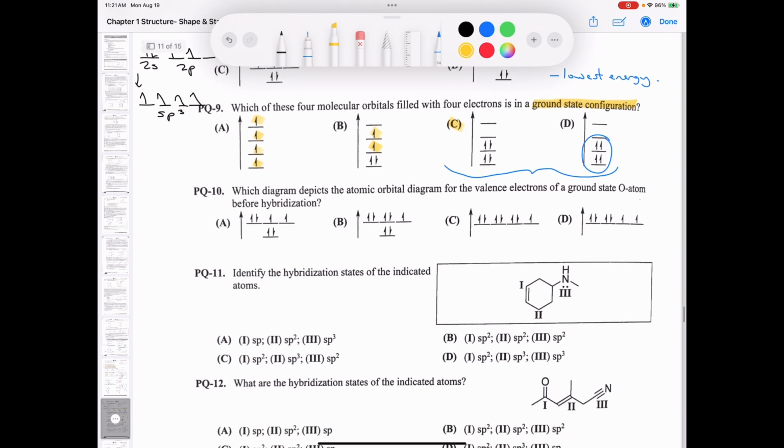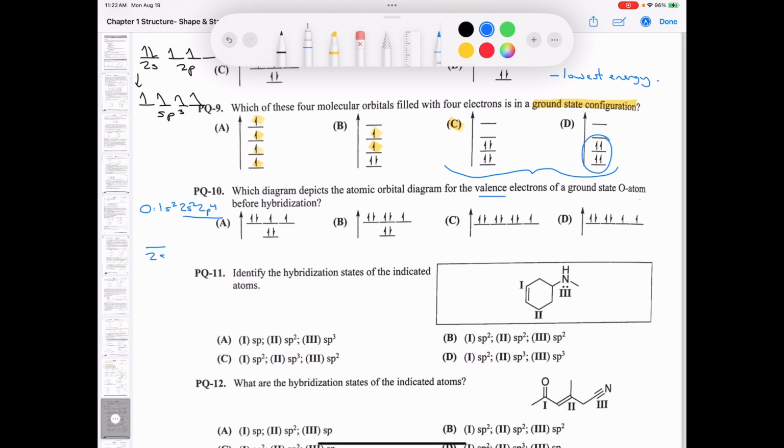Moving on to number 10, which diagram depicts the atomic diagram for the valence electrons of a ground state oxygen atom before hybridization? So this is really just a general chemistry 1 question. If you think of oxygen, its electron configuration is 1s2, 2s2, 2p4. And of course, they're talking about the valence electrons, so these are the ones with the highest n.